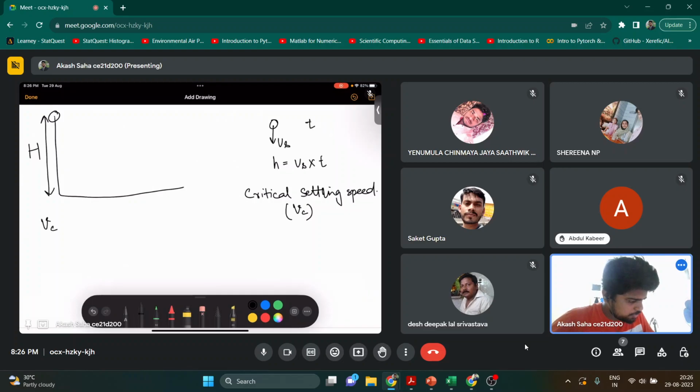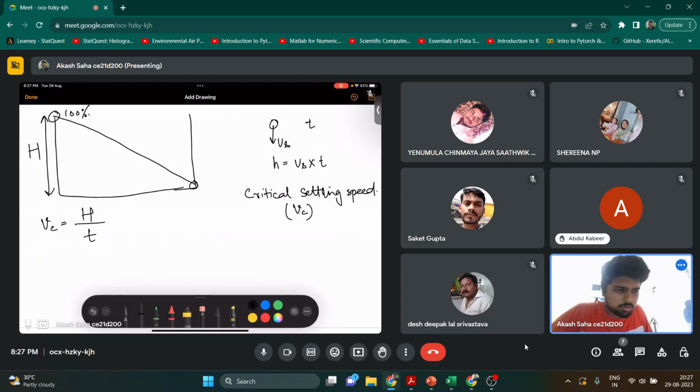My Vc will be equal to the total height h divided by the detention time. So in the proper detention time, it should be removed 100%. It will make a flow like this, and before the end of the channel it should get settled. 100% of the particles of this size should get settled.